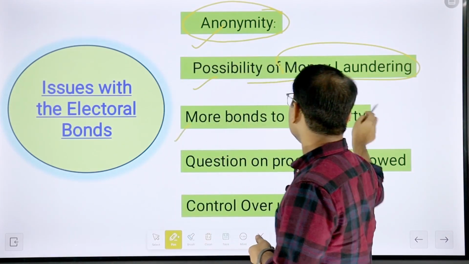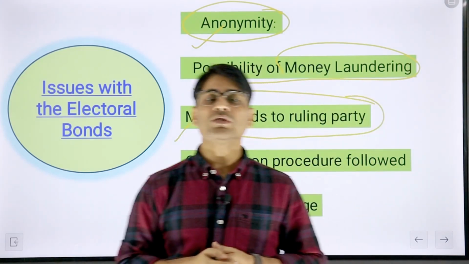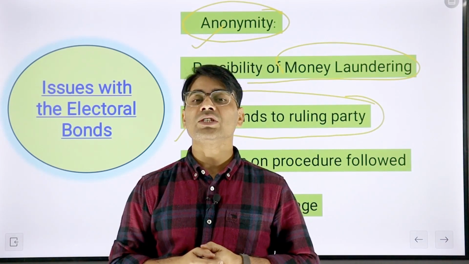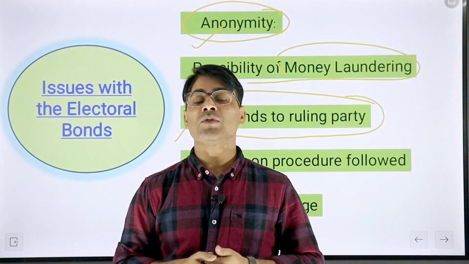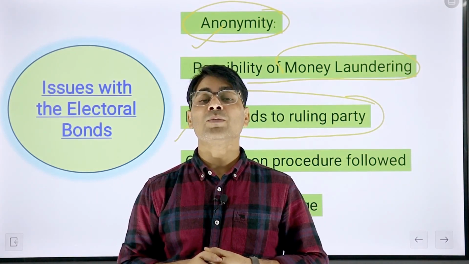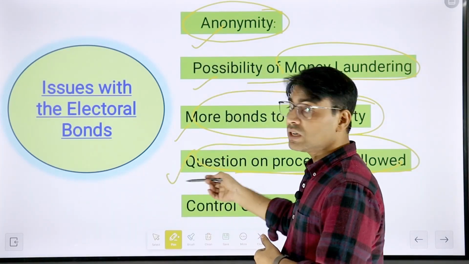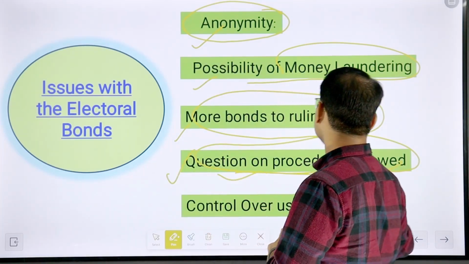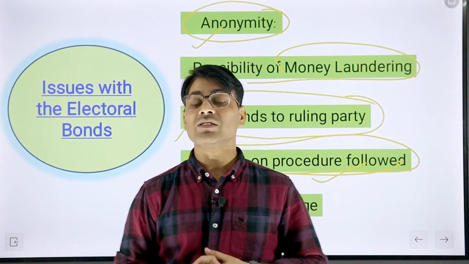Next, more bonds to the ruling party. Data also says that a large number of beneficiaries of the electoral bonds are only the ruling parties. So what about the other political parties? This again affects the notion of a level playing field when it comes to a free and fair election system. The fourth important concern is questions on the procedure followed, as this electoral bond system was introduced as a finance bill.